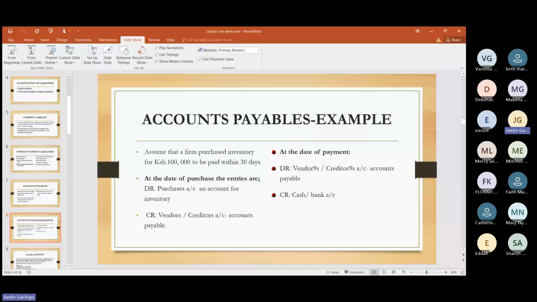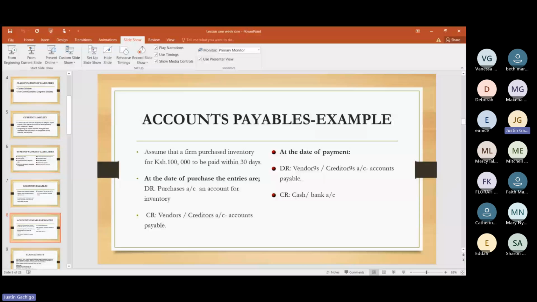At the time of purchase, we debit the purchase account or inventory account, and then we credit the vendor or the creditor's account. When we make the payment, we debit the vendor and credit the cash or bank.